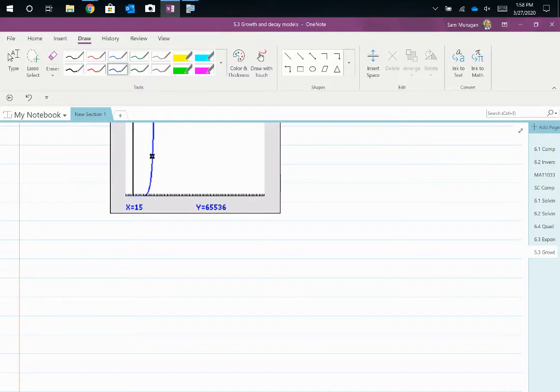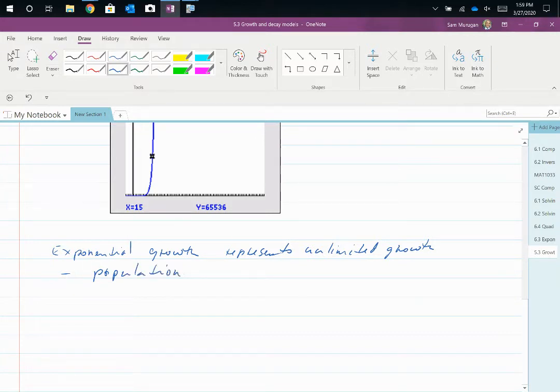So the exponential growth represents unlimited growth, such as population, money, bacteria, etc. Okay?